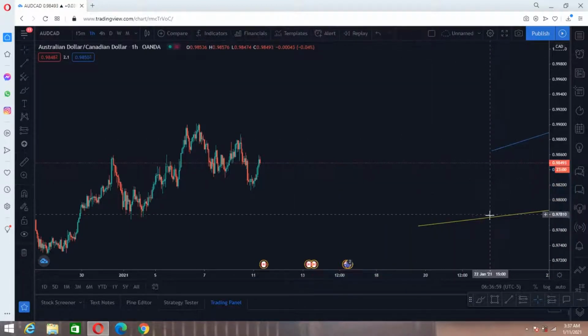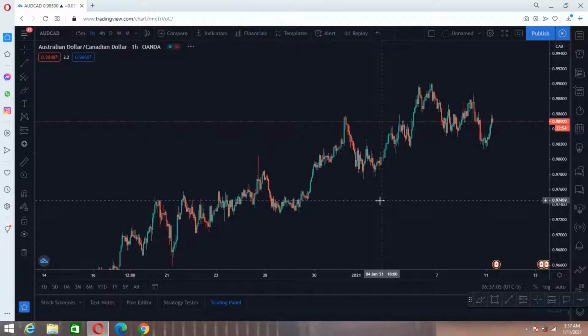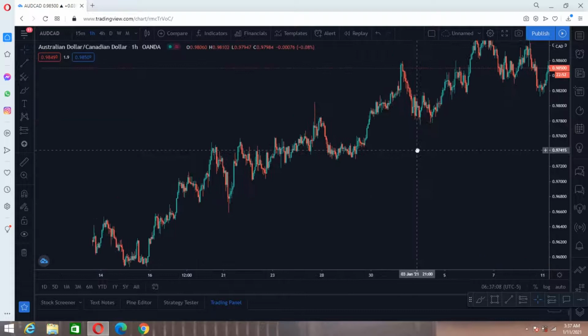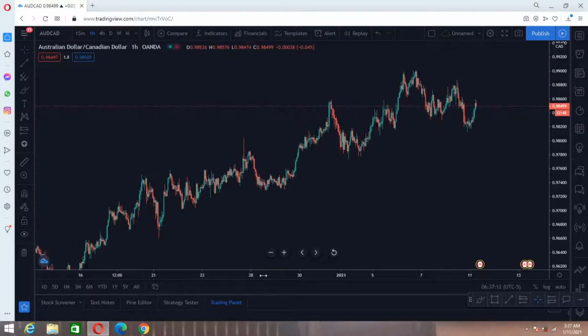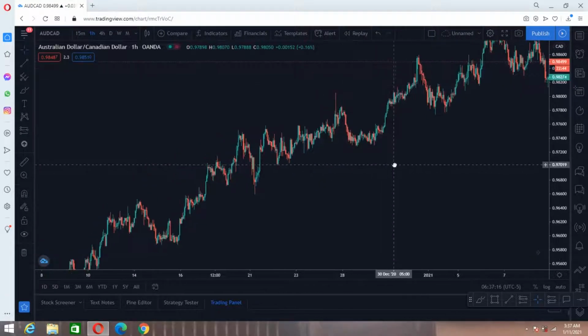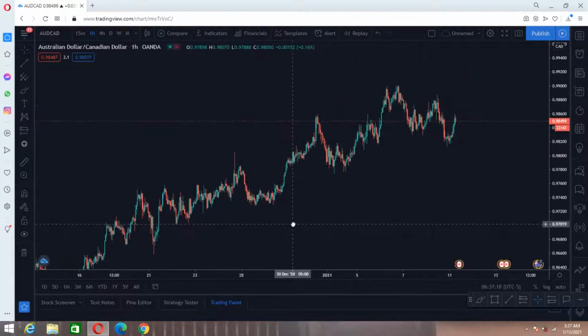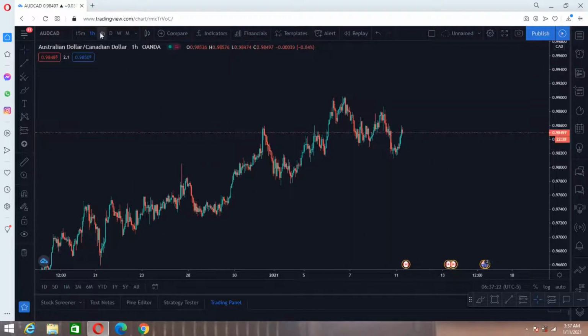So here on AUD cat, we're looking for buy entries. As you can see, these are many opportunities, but we have to be really careful on this pair. I thought I was seeing a reversal pattern, but the momentum is still to the upside.